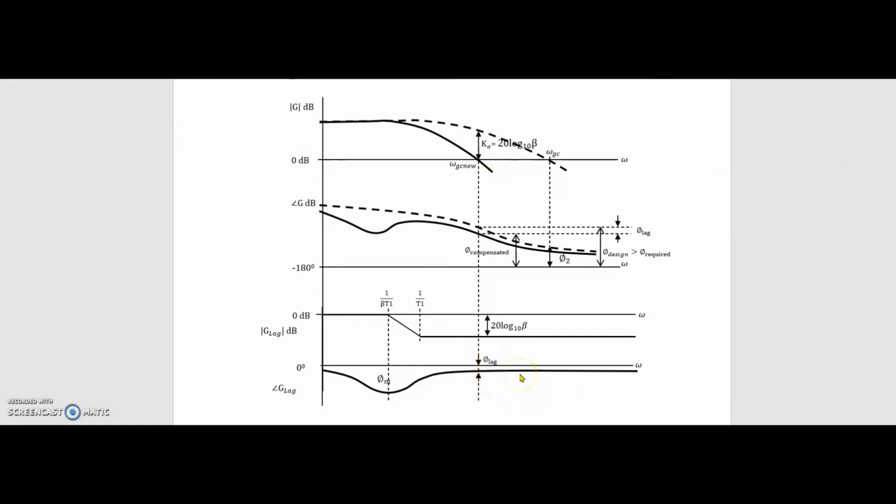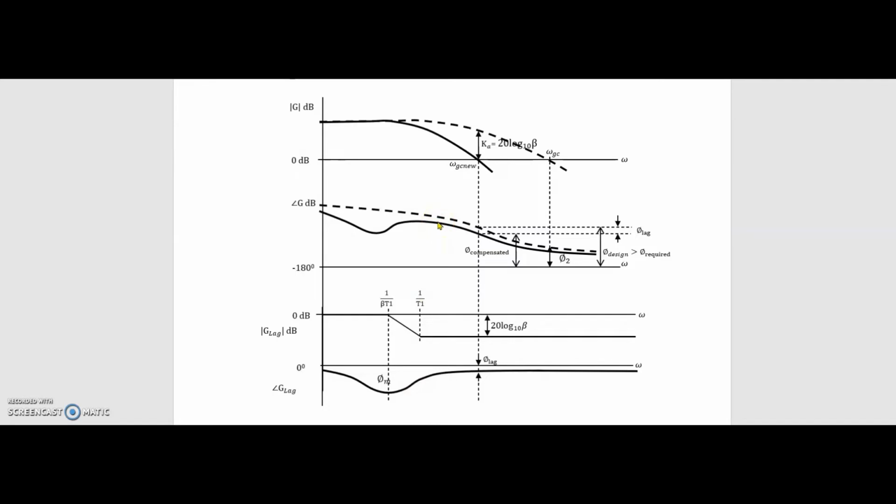But there is one problem associated with this lag compensator, and that is the angle of the lag compensator is also negative. So there will also be a drop in angle.